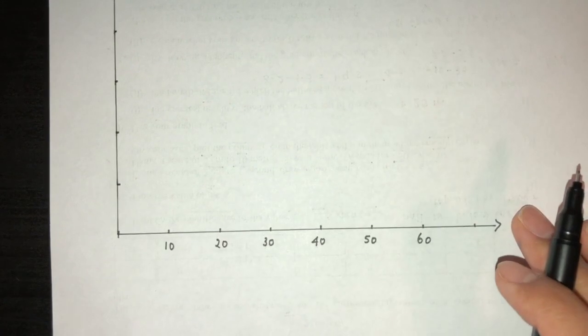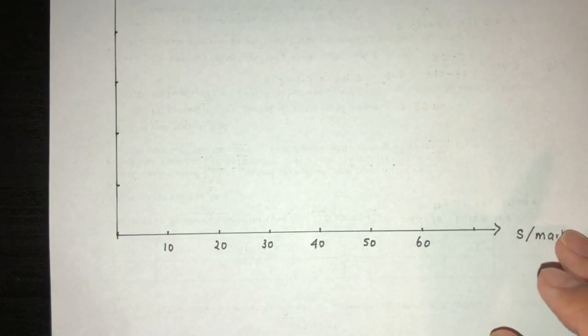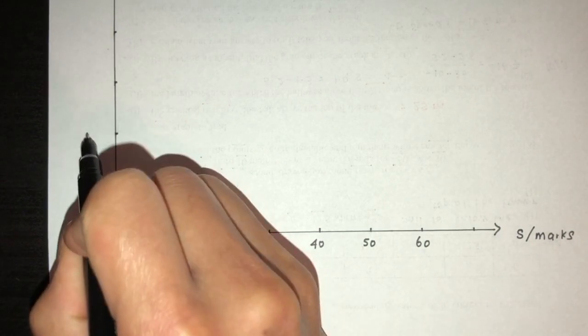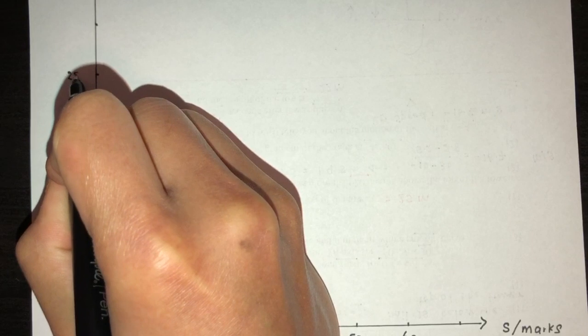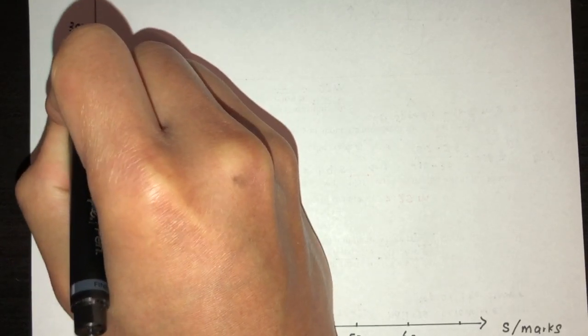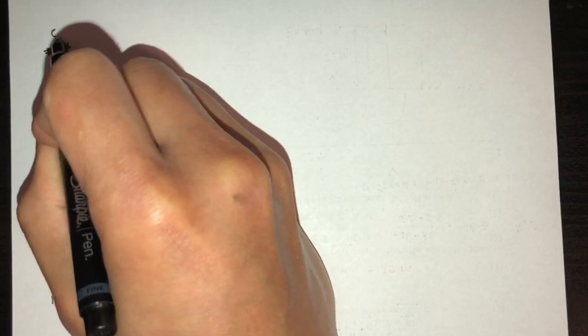So basically the scale is 2 centimeters for 50 pupils. So this is 50, this is 100, this is 150, and this is 200, this is 250, and this is 300. And you have to label your axis, of course. This is for the number of pupils, which is your cumulative frequency. You have to label this as cumulative frequency for your y-axis.